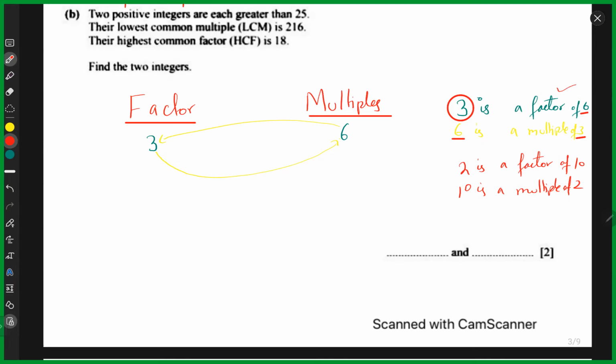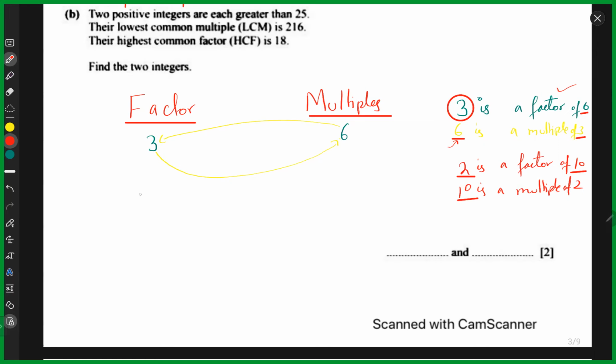And if we talk about the table of 3, you can find 6 there. We know all of this in our mind, but we need to revise this. 2 is a factor of 10, means that I can divide 10 by 2. Similarly, 10 is a multiple of 2. I am just talking about the relationship between factors and multiples.